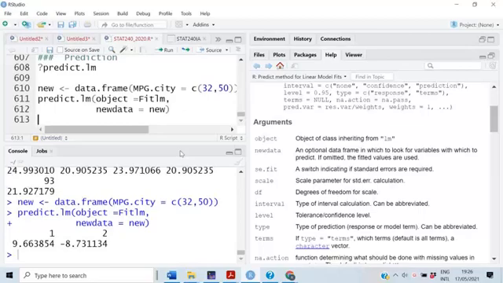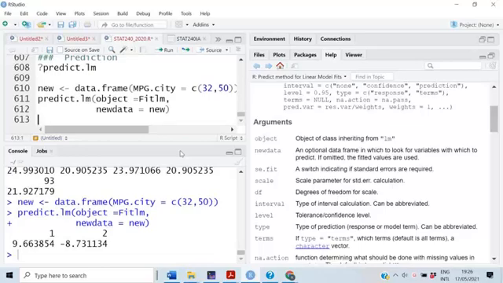What I did was that I provided the new data, and the new data should be a data frame. This is why we started with what? Data types. So you create a data frame, give it some new mpg.city values, and then I will predict its value over here.